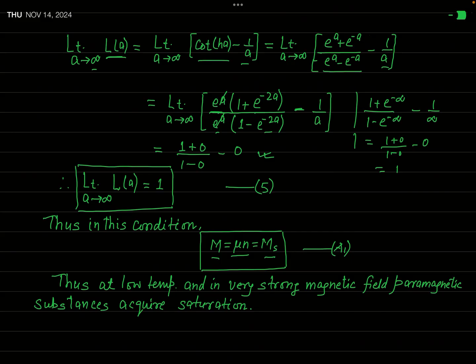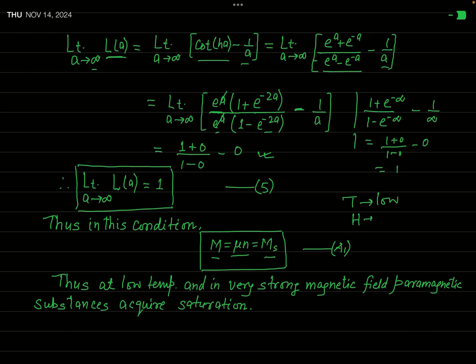In this condition, there will be saturation magnetization, and the physics behind it is obvious. What have you considered? T is very small, T is low, it means there will be negligible thermal agitation.